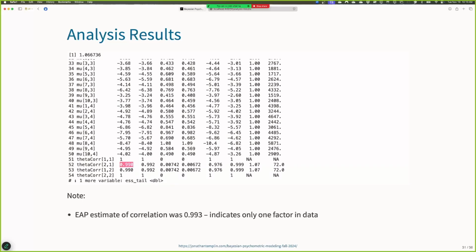So there are a whole lot of new parameters out there. But really, from a conceptual point of view, if the correlation was at 1 exactly, this model would basically become a unidimensional model. And what our result is telling us is that it's trying to be a unidimensional model, right? A very high correlation.